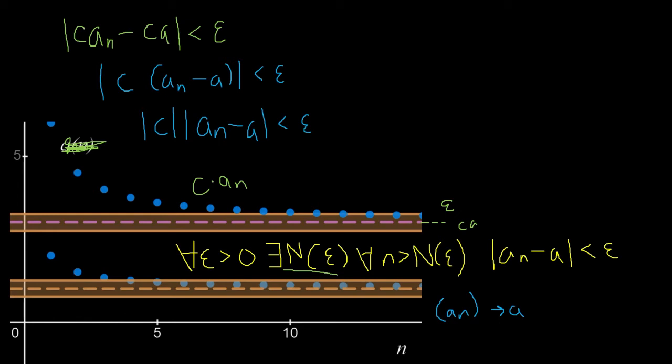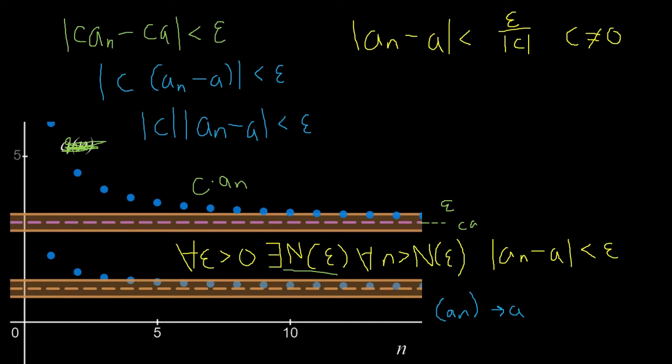I might divide by the absolute value of c. I get the absolute value of a sub n minus a is less than epsilon over the absolute value of c, for c not equal to 0, since we can't divide by 0, right? But since we're dealing with the absolute value of c, we don't have to change the inequality sign.